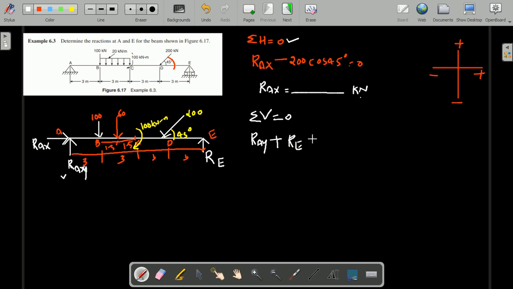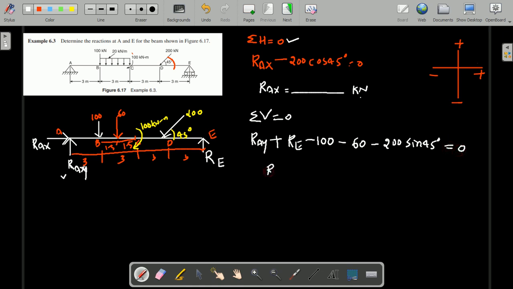And 100 kilonewton is coming downward, therefore it is negative, and 60 kilonewton, that is converted UDL into point load, is coming downward, therefore it is negative, and the vertical component of this inclined force, that is 200 sin 45, is also downward. So there are 3 vertical forces coming downward and 2 vertical forces moving upward, and this is equal to 0.